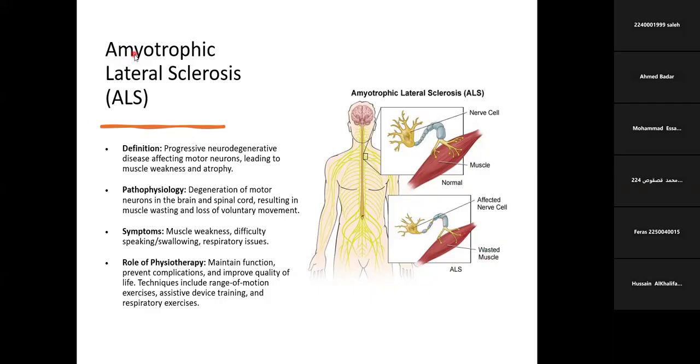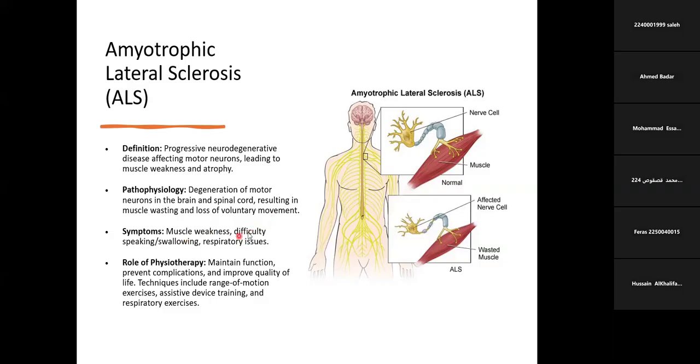When this neuron dies, this muscle becomes wasted. The name is amyotrophic lateral sclerosis, famous disease, amyotrophic lateral sclerosis or ALS. What happens? Progressive neurodegenerative diseases affecting motor neurons, leading to muscle weakness and atrophy. There is degeneration of motor neurons in the brain and spinal cord, resulting in muscle wasting and loss of voluntary movement.